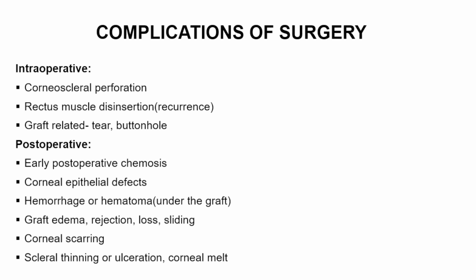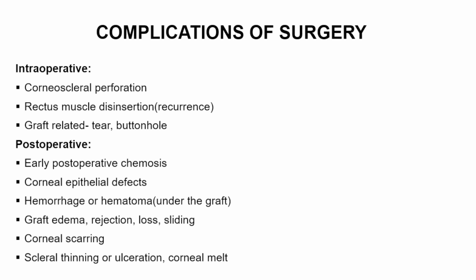Graft-related complications like tearing of the graft from the donor side, and buttonholing of the graft if we take too thin a graft from the donor side. Postoperative complications: early postoperative chemosis, corneal epithelial defects, hemorrhage or hematoma, blood collection under the graft, graft edema, graft rejection, graft loss or sliding of the graft, corneal scarring in the postoperative period, scleral thinning or ulceration, rarely corneal melting.